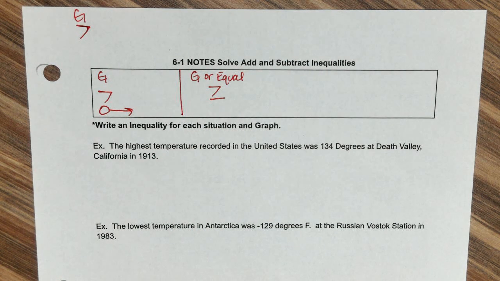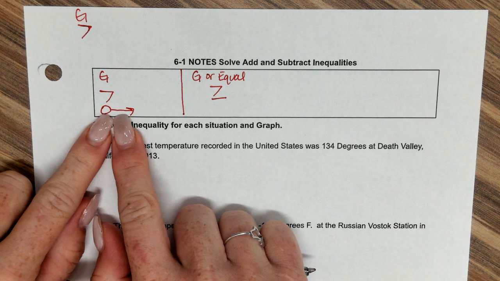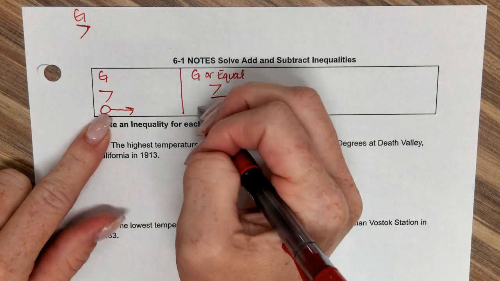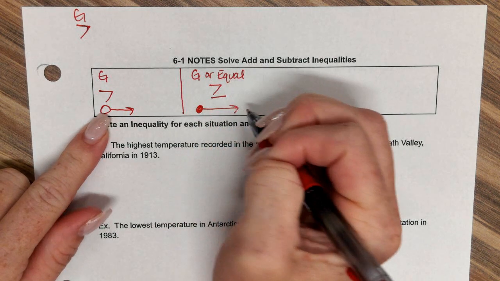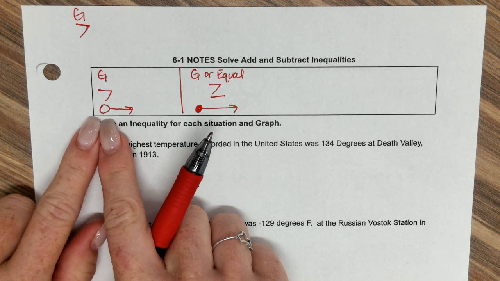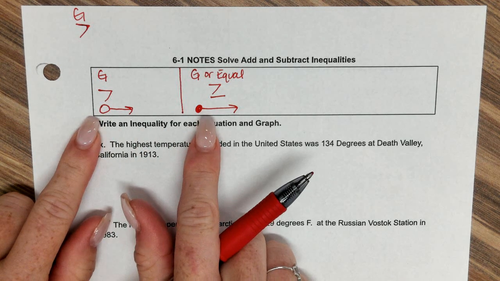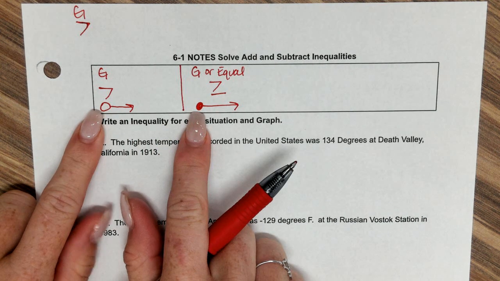Now, how would I graph it? What would be different about this? It's a closed dot because it means it can be on that number. It is still shaded to the right. Does that make sense? The difference between the open dot and the closed dot. This is not equal. This is just greater than. This is greater than or equal.